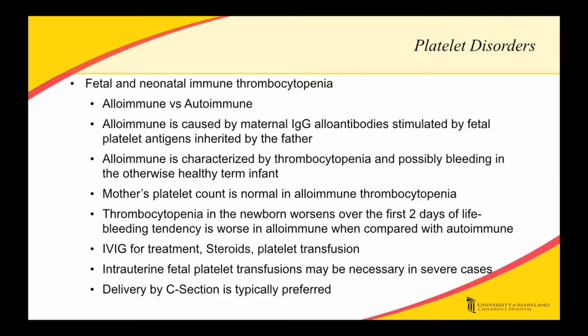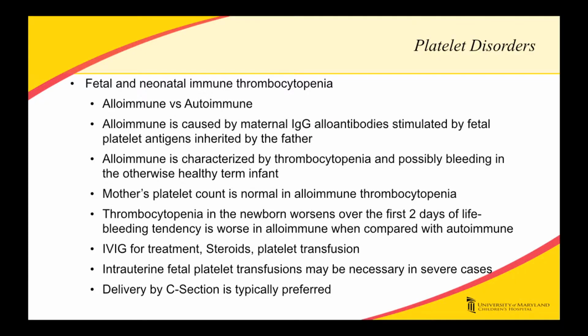IVIG is usually what we use for treatment. I have not had to use steroids, but we always talk about it if they don't respond to IVIG. And sometimes, depending on the platelet count, the NICU attending likes to go ahead and give them a platelet transfusion. We try to use PLA1 negative platelets so that mom's antibodies are not trying to clear them out of circulation. So our blood bank typically tries to have some PLA1 negative platelets on reserve in case this does come up for you.